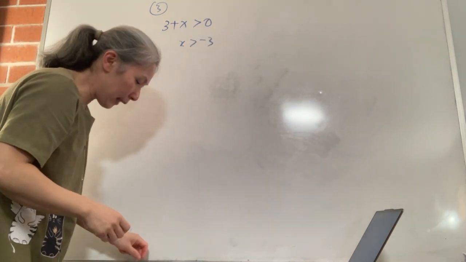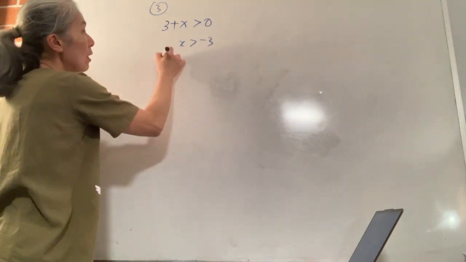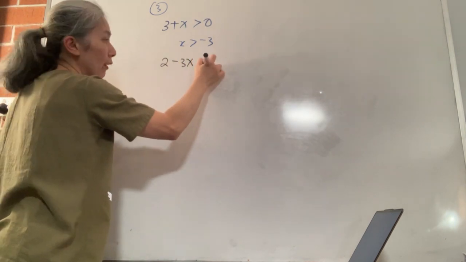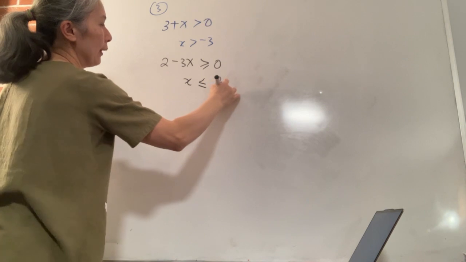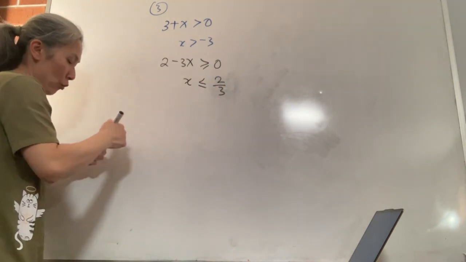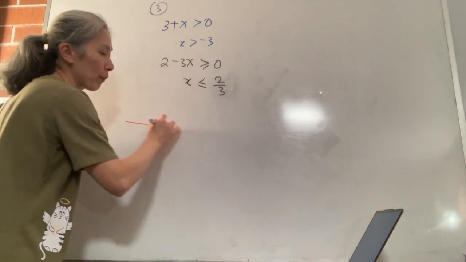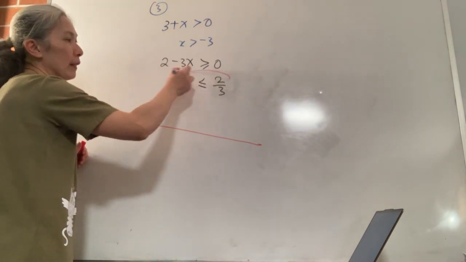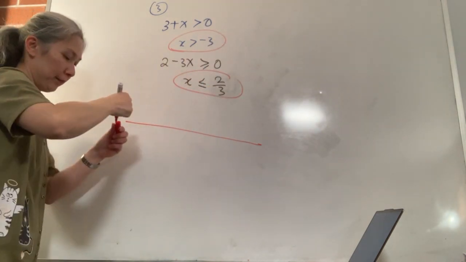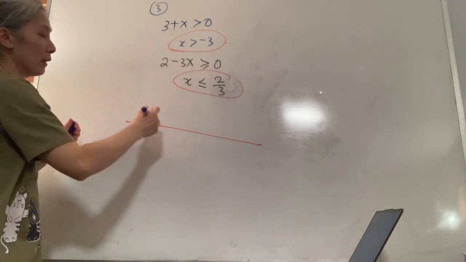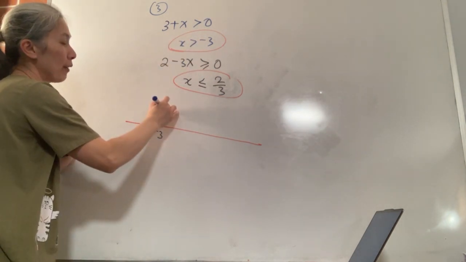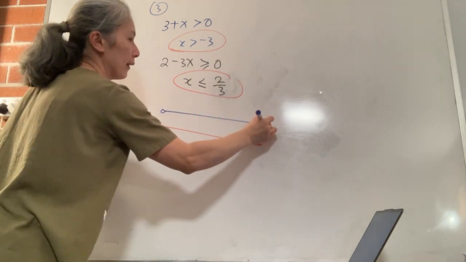And the other one is 2 minus 3x greater or equal to 0. That means x is less than or equal to 2 over 3. Now you draw a number line. You need to satisfy both of them, this and that. So x greater than minus 3: if I have minus 3 in here, greater than, it goes this way.